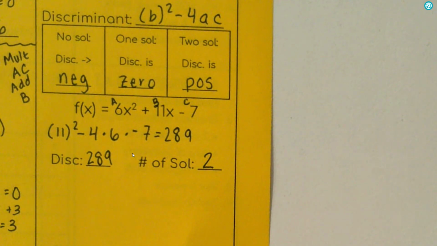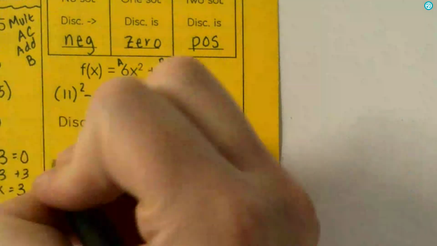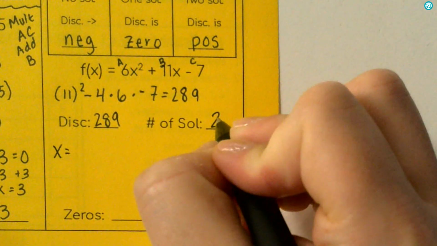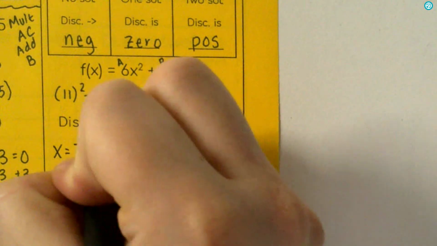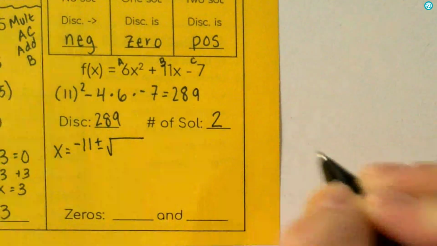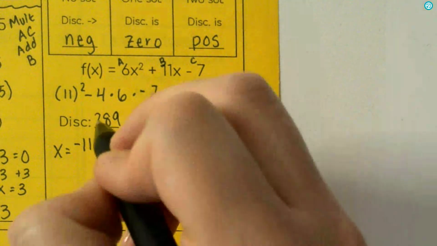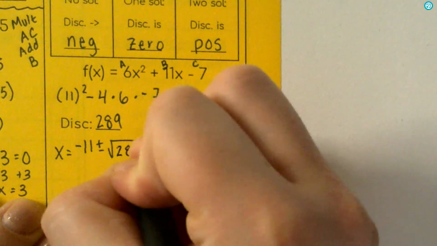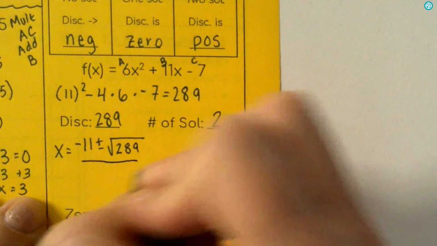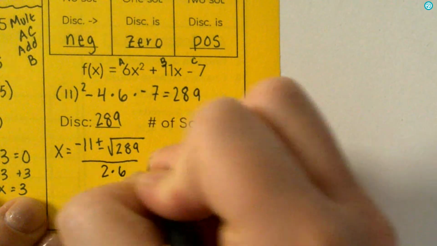Right, so then we plug in to the rest of our equation now that we have a discriminant, and yes, that is a perfect square, 17. So we will do x equals -b, so that'll be -11, plus or minus the square root of b squared minus 4ac, which is already 289, we know that, all over 2a, which is going to be 2 times 6.